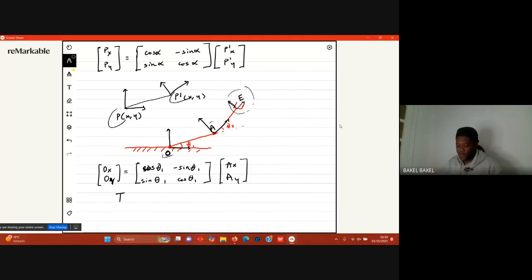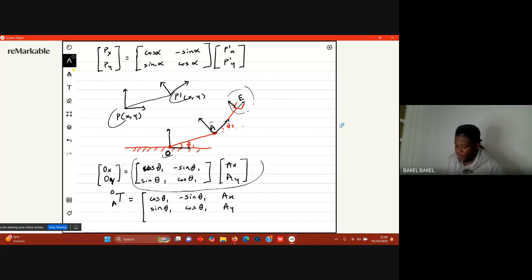The whole movement from A, which is down, to O, that's the whole movement, would be equal to, now let's find a way to sandwich these two things together, and we'll do it this way: cos theta 1, minus sine theta 1, AX, sine theta 1, cos theta 1, AY.